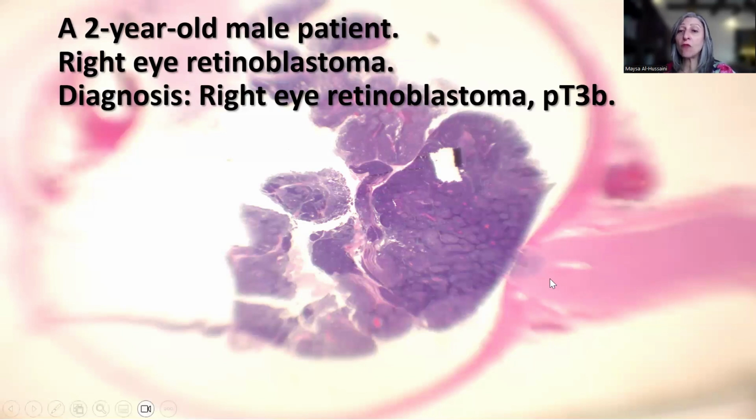Of course, we always have to mention whether the cut end or the cut margin of the optic nerve is involved or not, especially whenever we have invasion of the optic nerve beyond the lamina cribrosa.